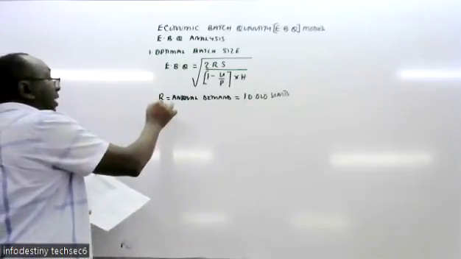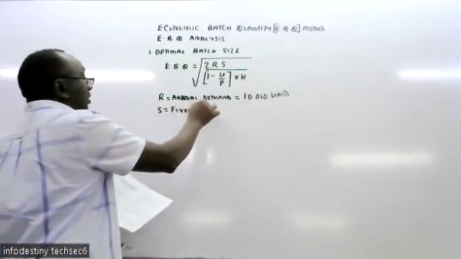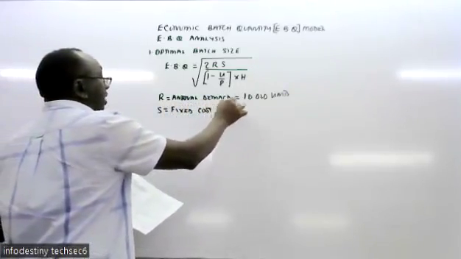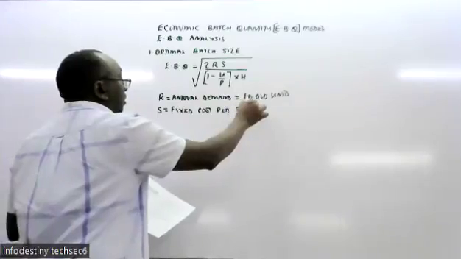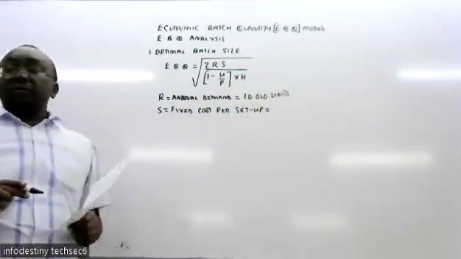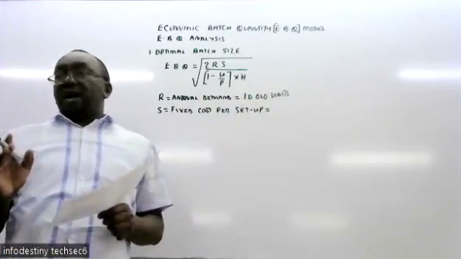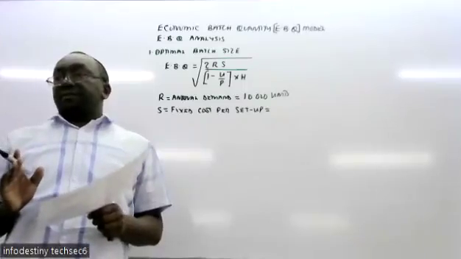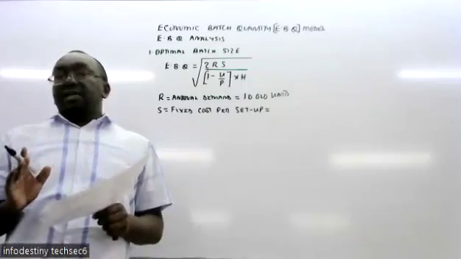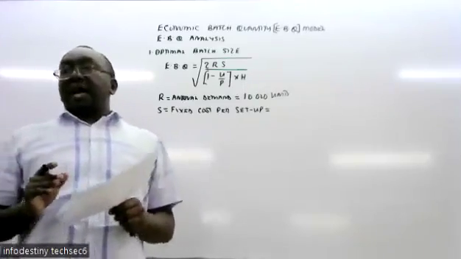S represents something we call fixed cost per setup. Now, a setup is the beginning of a production process. When you are beginning a production process, there are some costs that are incurred.